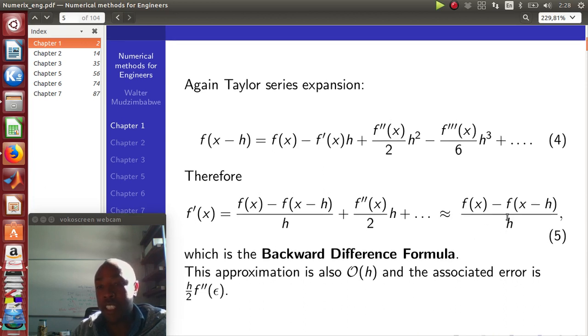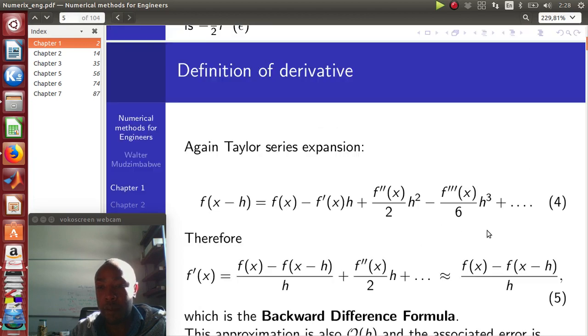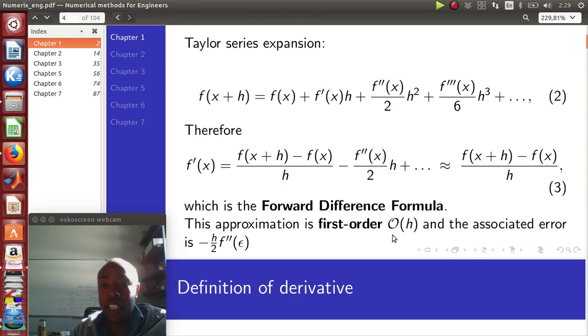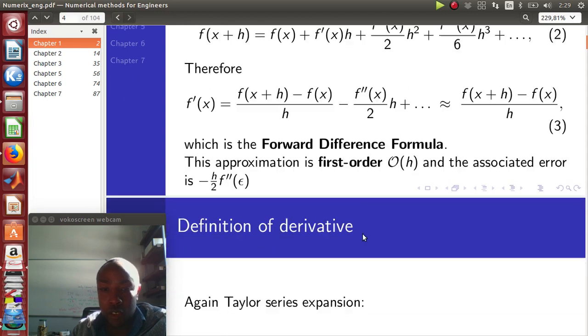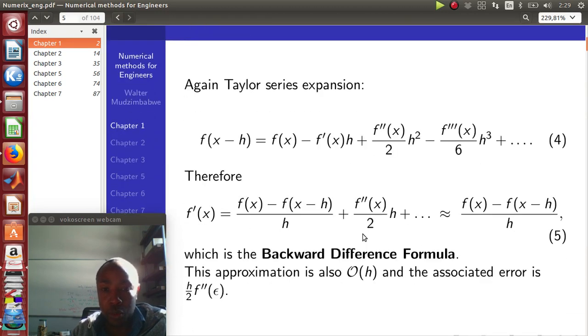It is for that reason that it is backward. This one is forward because this term here, x plus h, is more than x, or is ahead of x. So that makes it a forward difference formula. You need to be able to distinguish between the two of them.